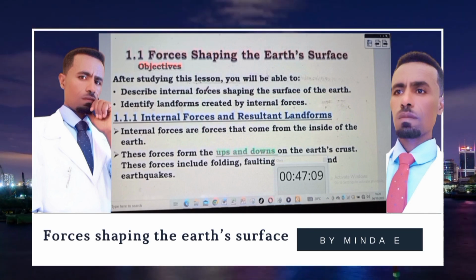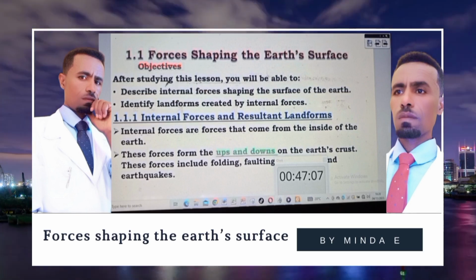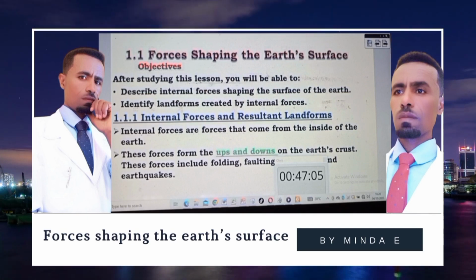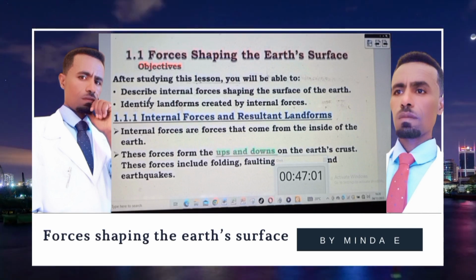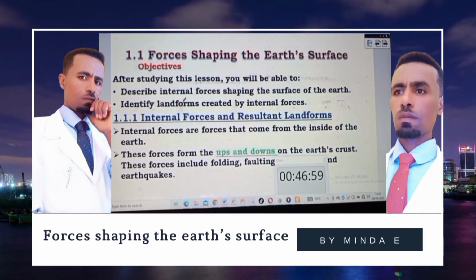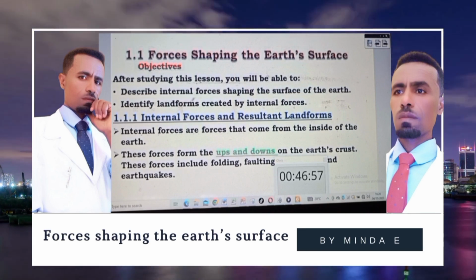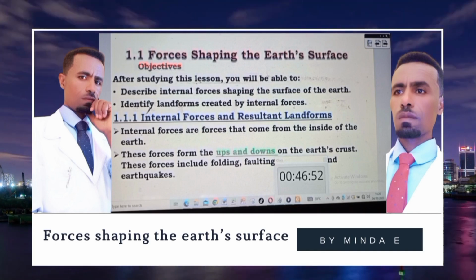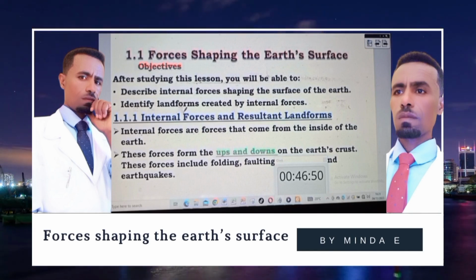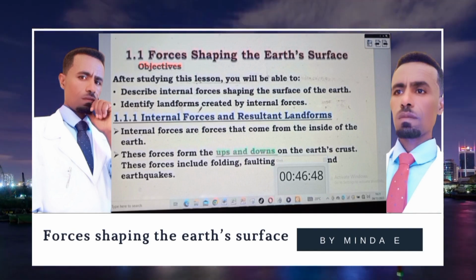So here we have objectives. After studying this lesson, you will be able to: 1. Describe internal forces shaping the surface of the earth, and 2. Identify landforms created by internal forces.